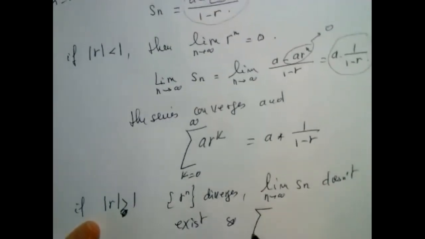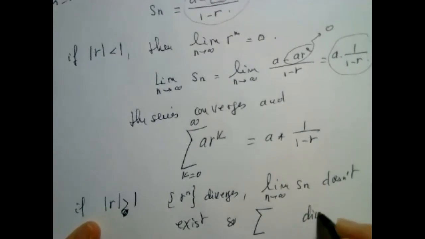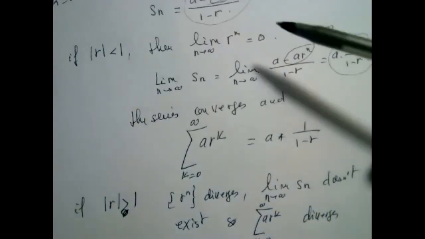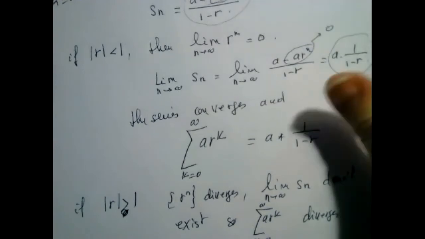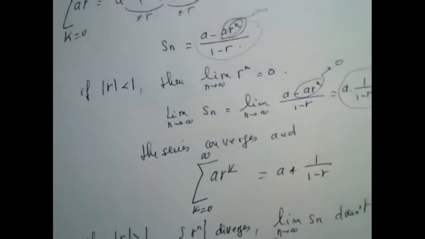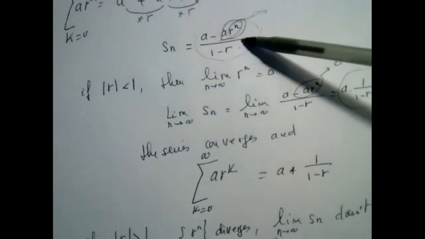So the series will diverge, because the series is exactly what happens to the partial sums. Okay, so that's really what happens for the geometric series. We understand it very well because we can evaluate the partial sums.